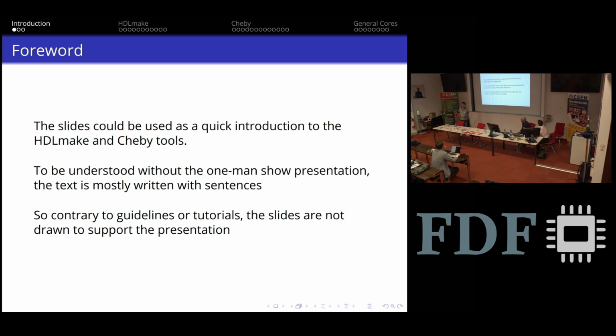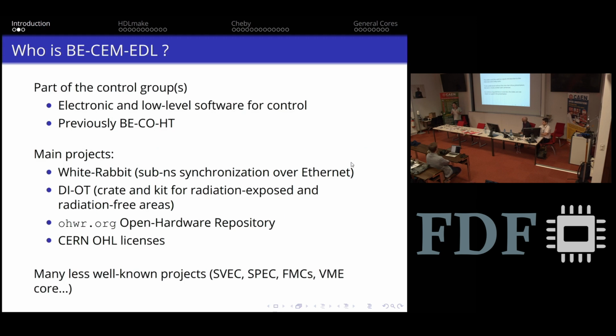Okay, so the exercise will be not to read the slides, because they have been drawn to be read outside of this talk. So I'm part of one section of the control group, and my section is named BE-CEM-EDL.